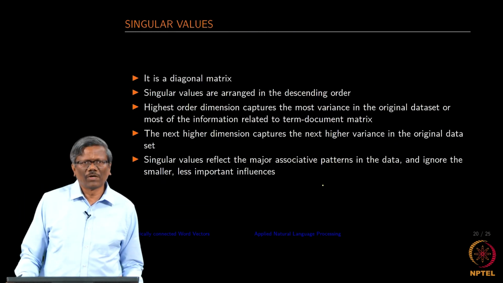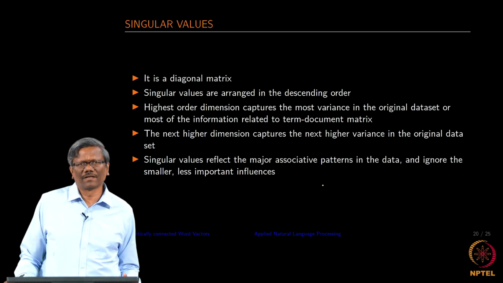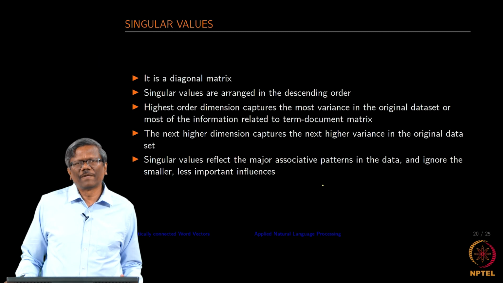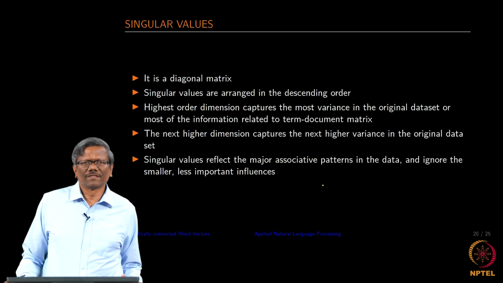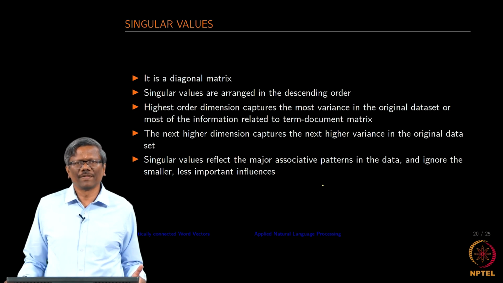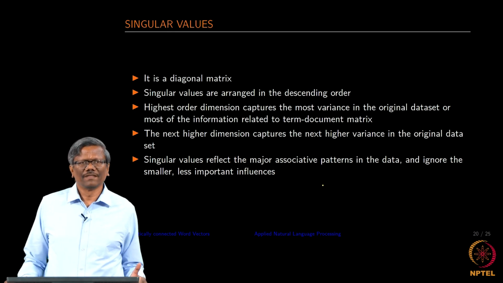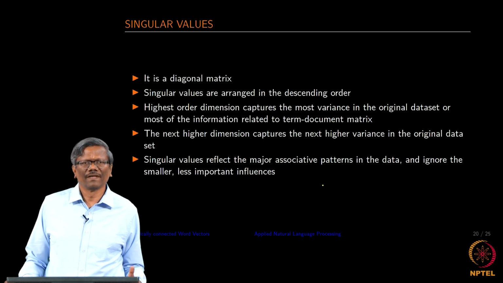This slide is about the singular values. As I mentioned earlier, it is a diagonal matrix. Singular values are arranged in descending order. The highest order dimension captures the most variance in the original data set, or the most information related to the term document matrix. The next higher dimension captures the next higher variance in the original data set.